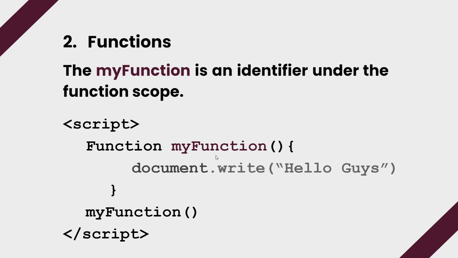So this particular name that we have created and given to this function is also known as an identifier. That's under the function scope. No need to worry about all this. We'll explain this later on. But just know that any name given to a function is also an identifier, just like a variable name.